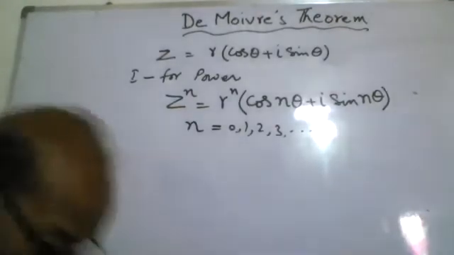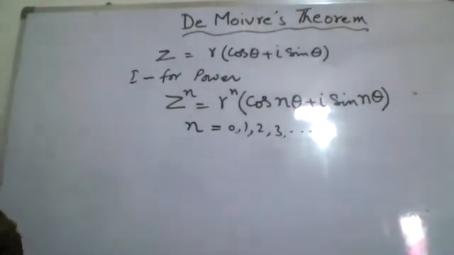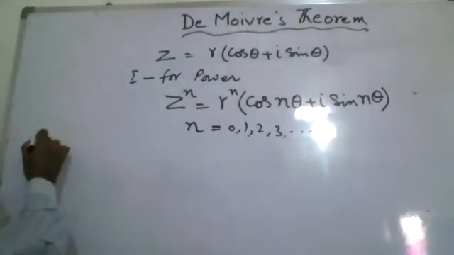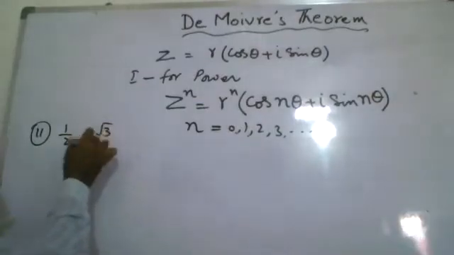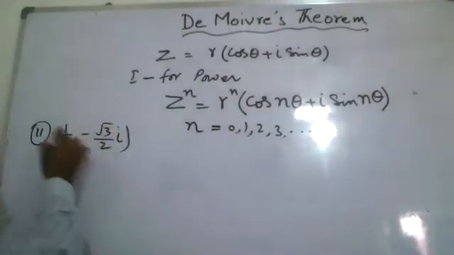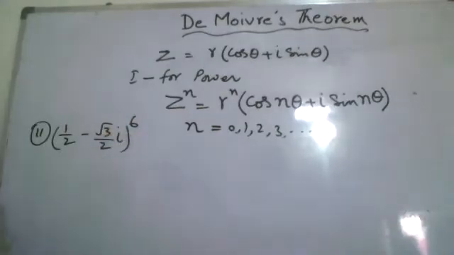Question number 11: (1/2 − (√3/2)i)^6. Okay, first we'll change it to the polar form.